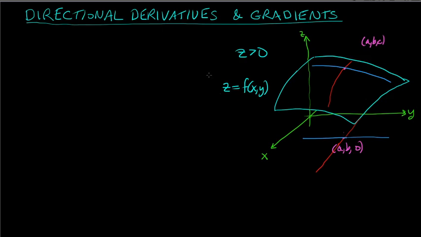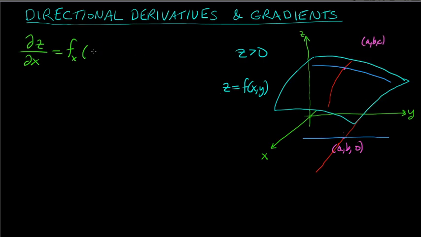And so, just as a quick review, remember we talked about the partial derivative of z with respect to x, or f with a subscript x. That's just the slope of the tangent line in the x direction as x is changing.